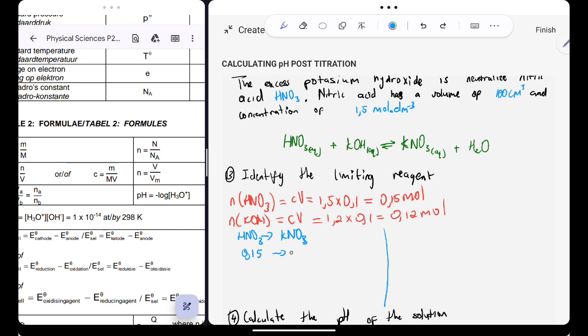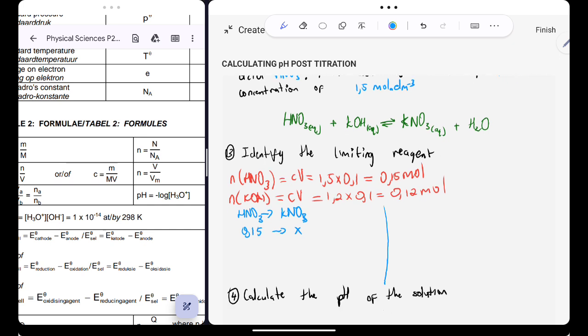I want to know how much of the potassium nitrate will I form. I'll just cross multiply. Since the ratio is 1:1, the amount I'll form is the same one that I have for nitric acid. So X is equal to 0.15.